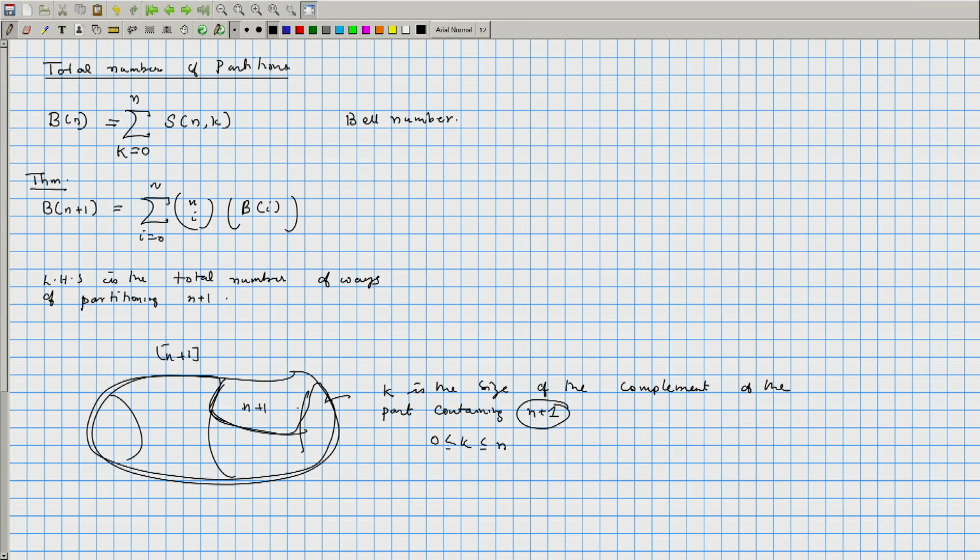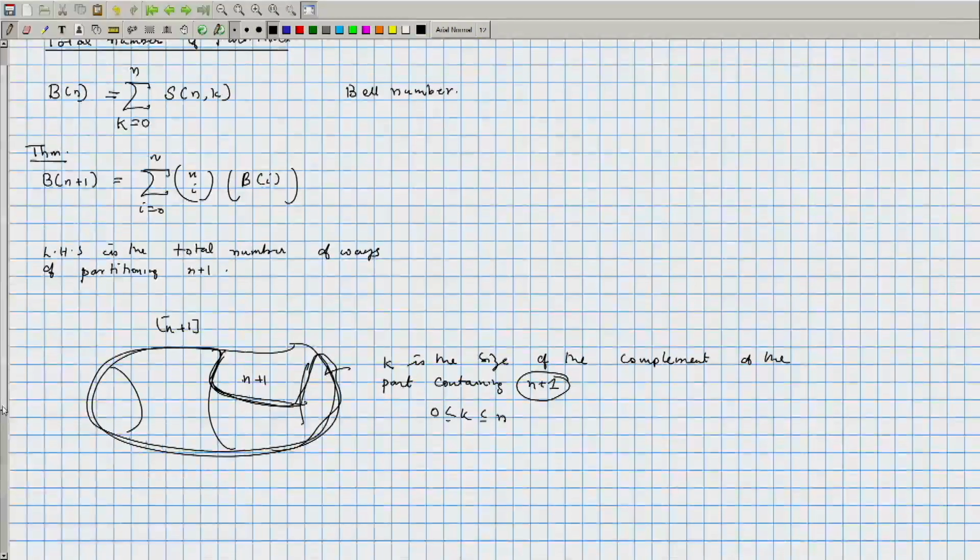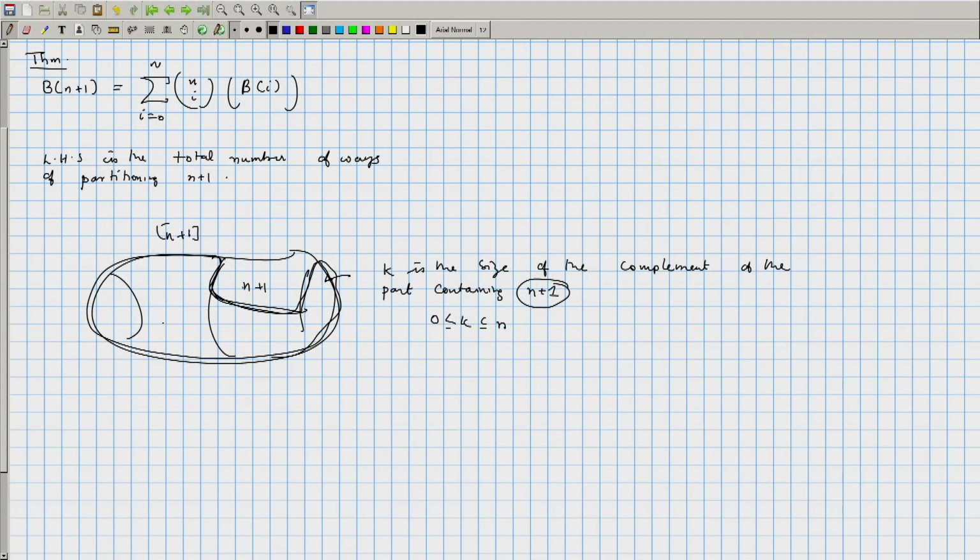These other elements now have to be split into some number of parts. They have to be partitioned, that is all. So, how many ways are there of doing this? If the complement is of size I, the total number of ways of splitting that is going to be Bi.